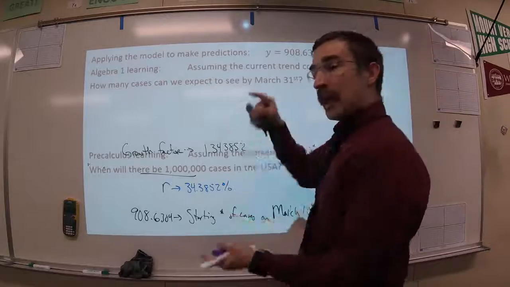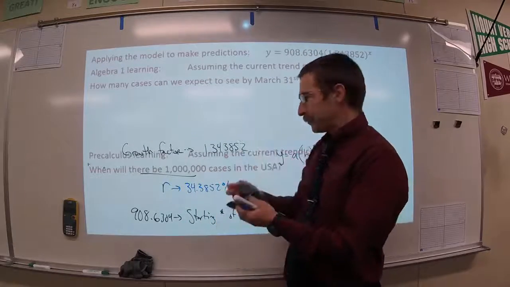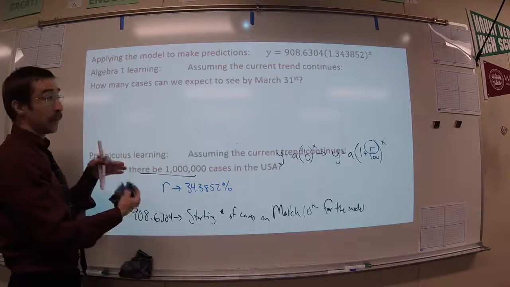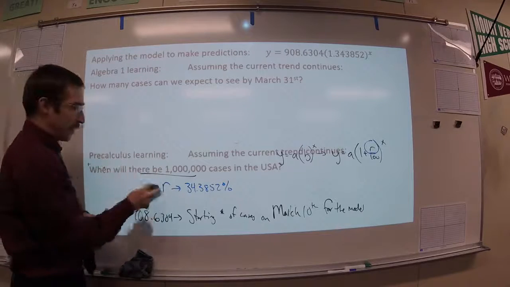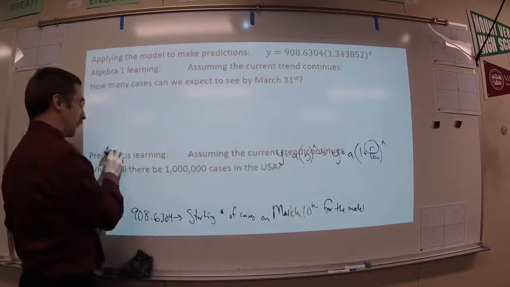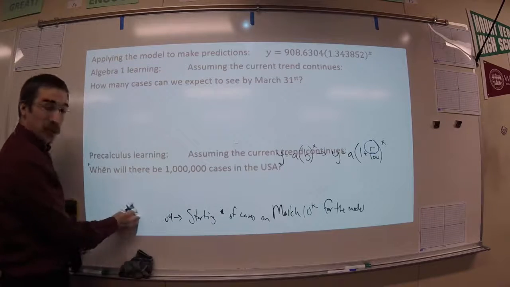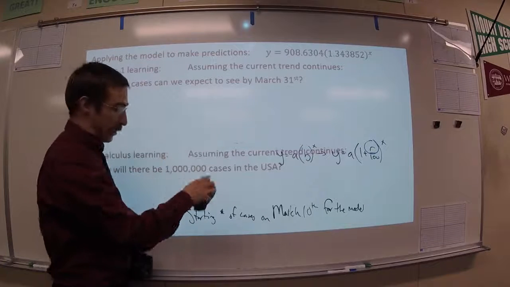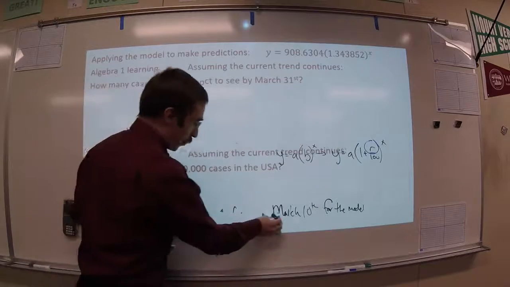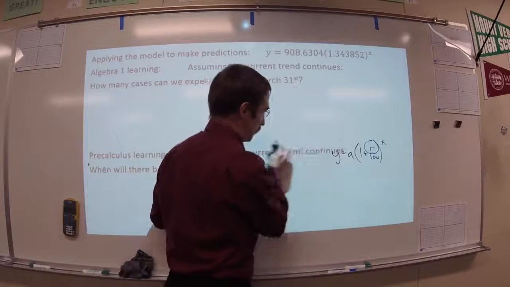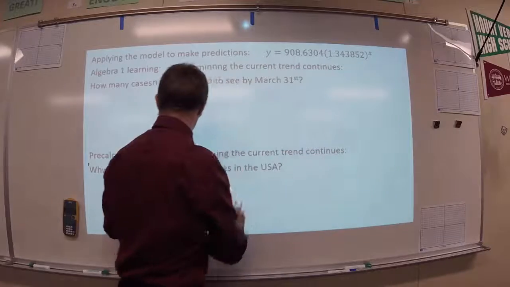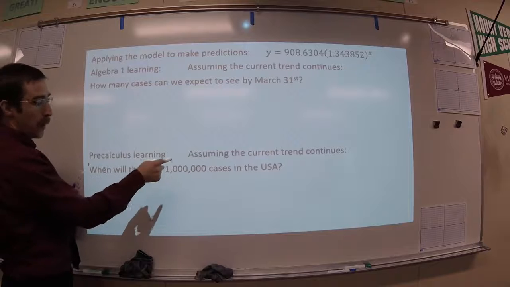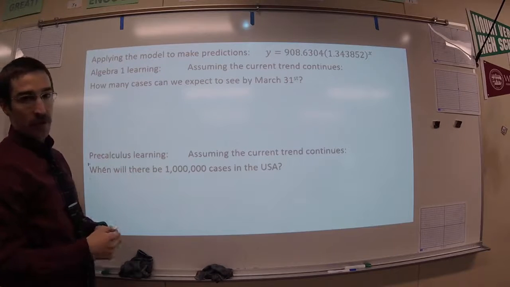We have this set of data between March 10th and March 23rd, and we pick a value outside that data set, the 31st. This answer does not mean that's going to be the actual answer, just that it's what happens if this same trend continues. Our pre-calculus question is, assuming the current trend continues, when would there be 1 million cases confirmed in the United States?